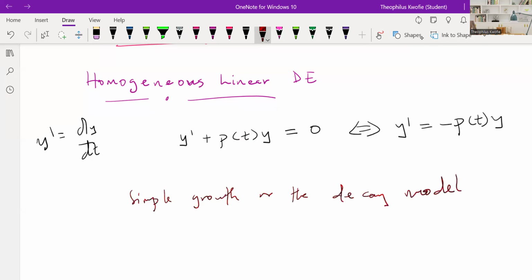We looked at it in the previous content, and we said that y prime is equal to k y. This is a simple growth or decay model, which if it's decay, that means k would be less than 0, and if it's growth, then k will be positive.